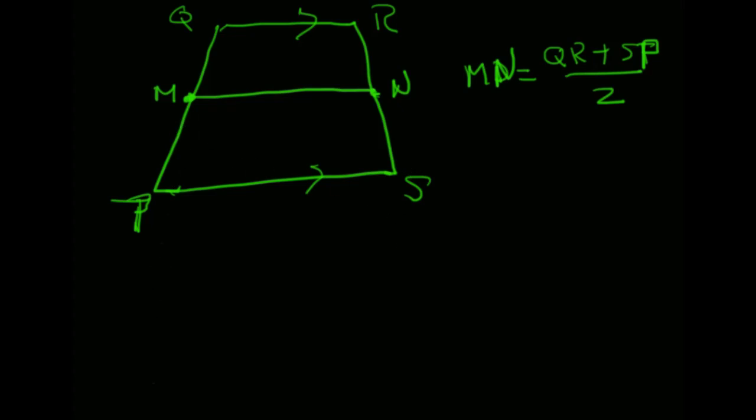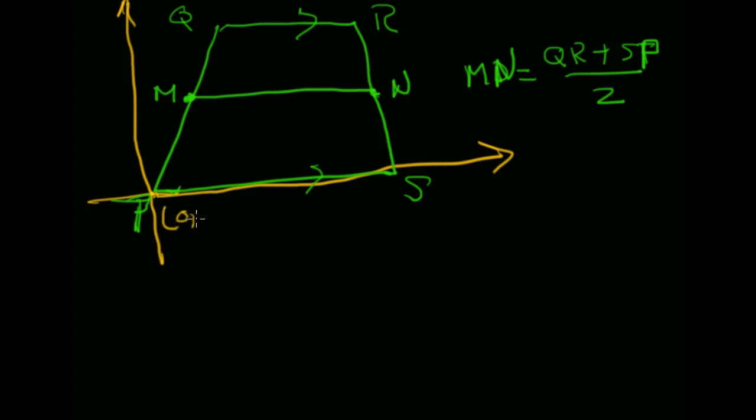So how do I do this? Well, I can do this using a coordinate proof. It's probably the easiest way to do it. So I am going to build my coordinate plane, in such a way that P is at the origin, so P is at the point (0, 0). S is going to be at some point along the x-axis.